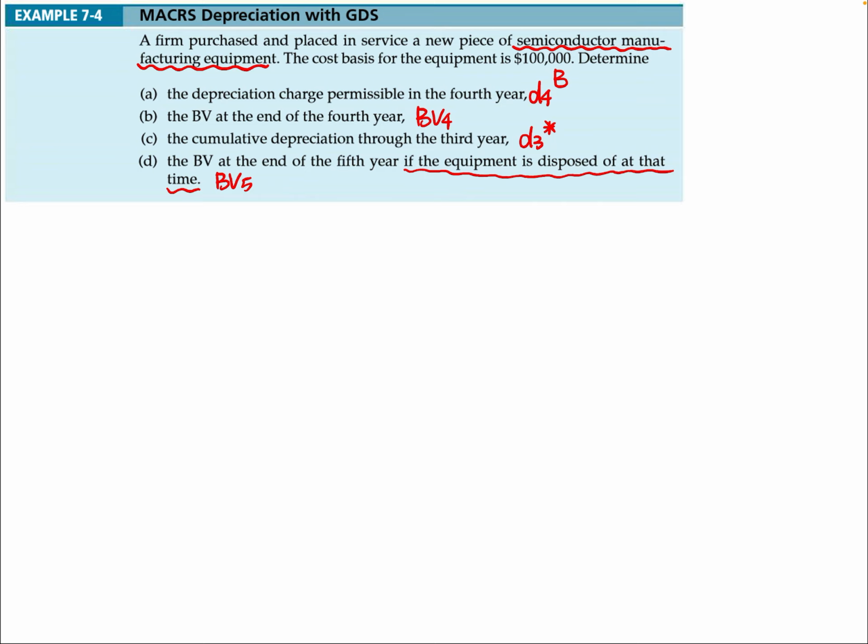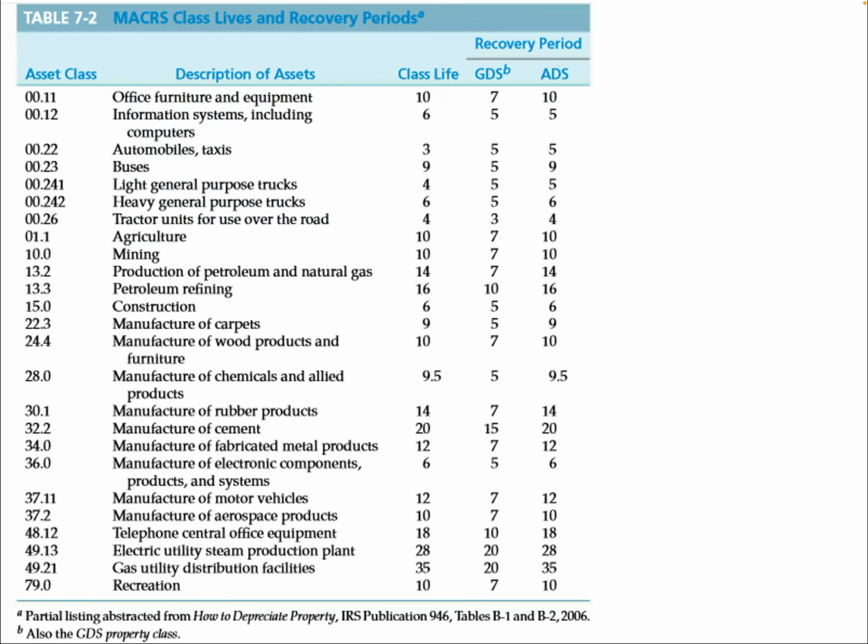So the B is given as 100,000, and D4 should be B times R4, right? In order to determine R4, we need to first know the class of this asset and its recovery period, and then we check table 7-3 for R4.